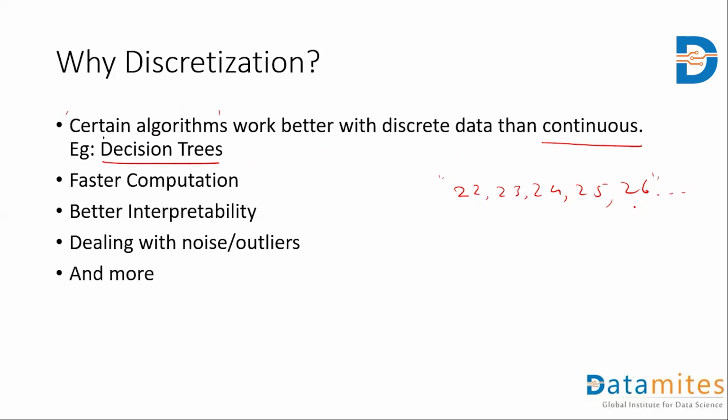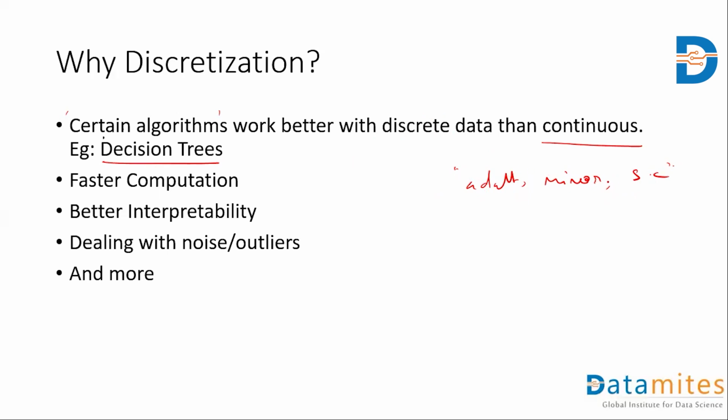On the other hand, if I was creating this to be a discrete kind of a data, right, it could be something like adults, minors, and senior citizens. In this case, the number of splits and the computation complexity of this algorithm is greatly reduced, right?